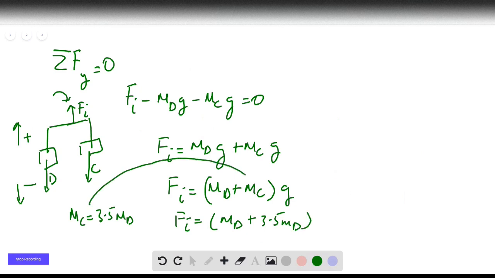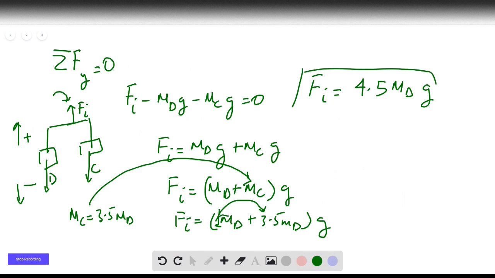Just remember that all we're doing is plugging in, and this is G, so Fi becomes 4.5 MD times G, because the coefficient of the initial MD is 1, and then the coefficient of the second MD is 3.5. This is the second equation that's going to be helpful in solving the problem.